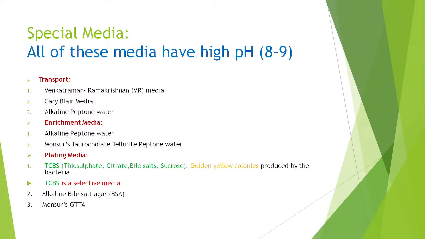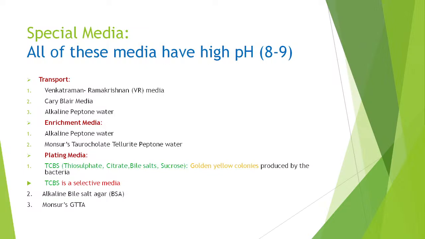Then there is another, Monsur's taurocholate tellurite peptone water. What are the selective plated media on which we culture? TCBS: thiosulfate, citrate, bile salt, sucrose agar media. This bacteria can survive the bile salts and utilizes citrate; very few bacteria can utilize citrate.